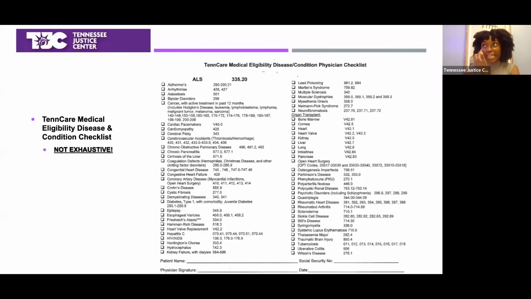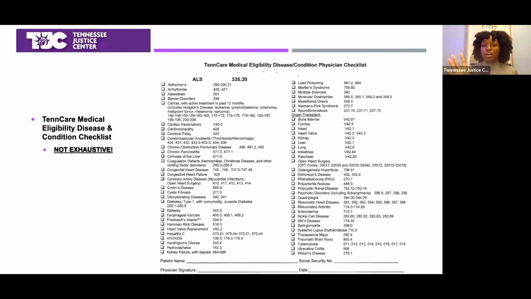So this is a list, and I want to really highlight that this is not an exhaustive list, but TennCare formerly used this list as medical conditions that made people uninsurable through private insurance. And so if a child's condition is on this list, there is a good chance that they would meet the requirements for TennCare Standard medically eligible.